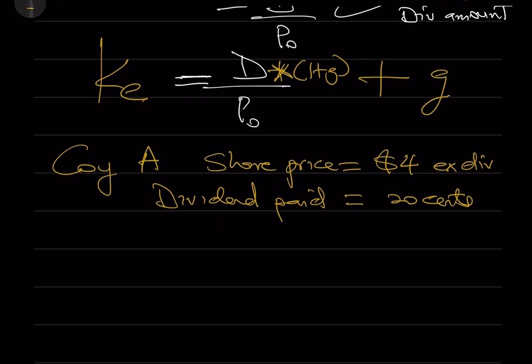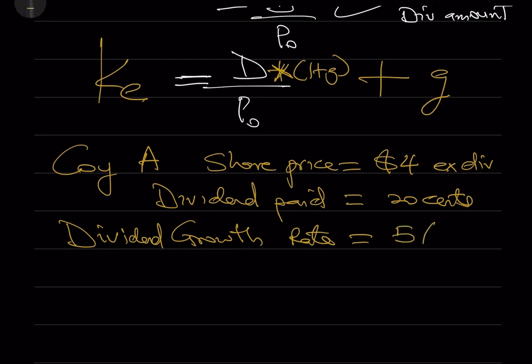If they pay a 20-cent dividend, the dividend growth rate is also going to be given. Sometimes you have to calculate the growth rate, but I'm going to teach you how to calculate that as well. For this question, let's stick to a dividend growth rate of 5%.